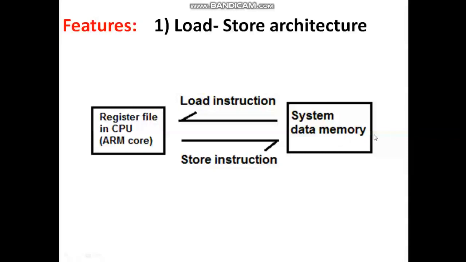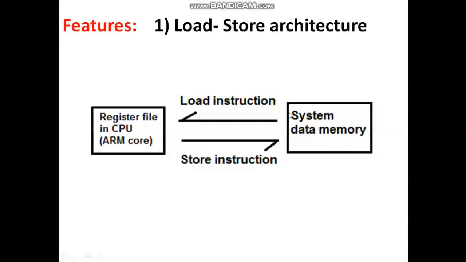And therefore whenever the data present in the system data memory is to be processed, first of all it has to be copied into the register file. It should be loaded into the register file. Then after doing the data processing, whatever results are obtained should be stored back to the system memory.